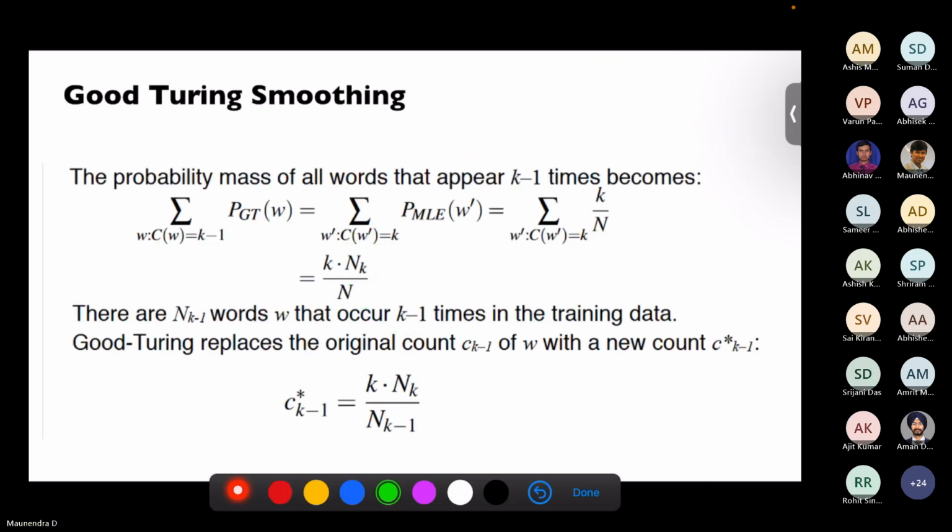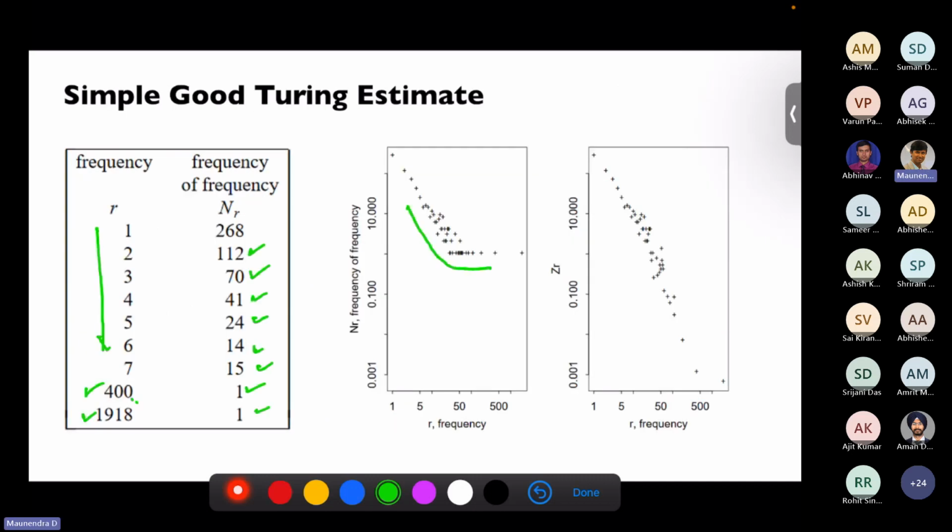So they plotted it, and this is the graph that they got. This is one pattern which is typically observed in any document corpus. If you plot frequency on one axis and number of words with that frequency on the other axis, it will have this kind of plot.